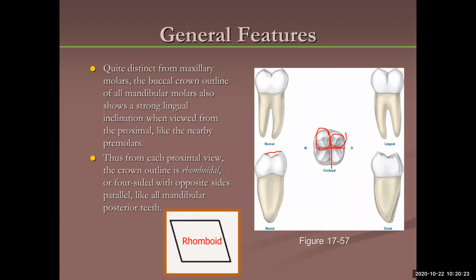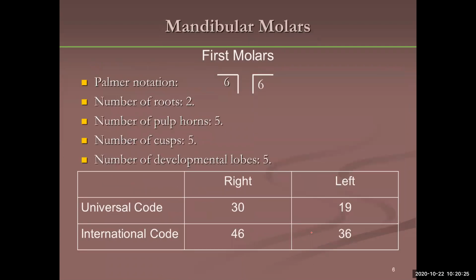And it's 4 cusps. First molars, 5 cusps. So if you have 5 cusps, how many developmental lobes does it form from? 5.